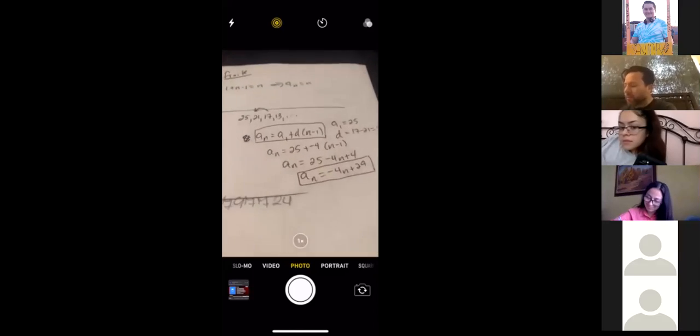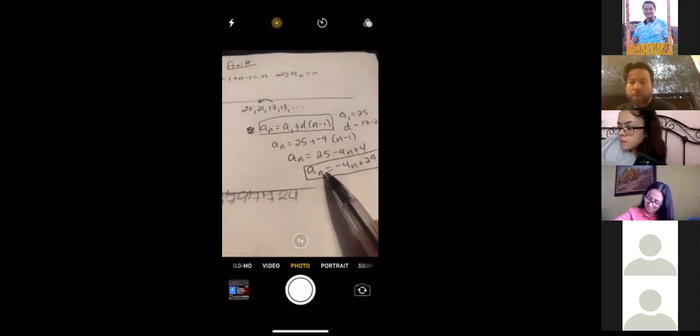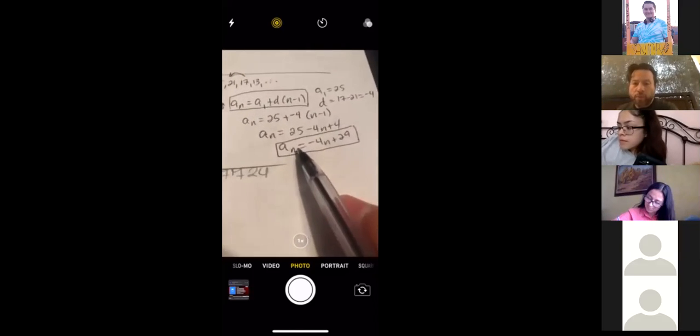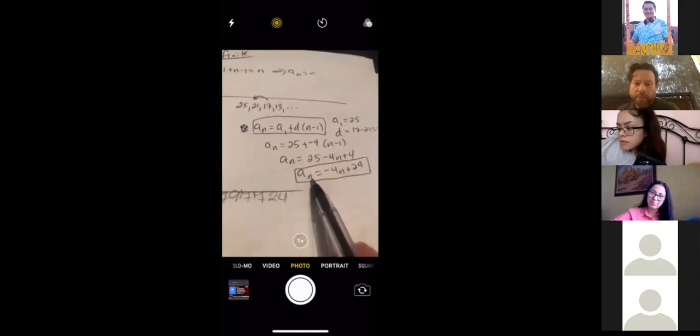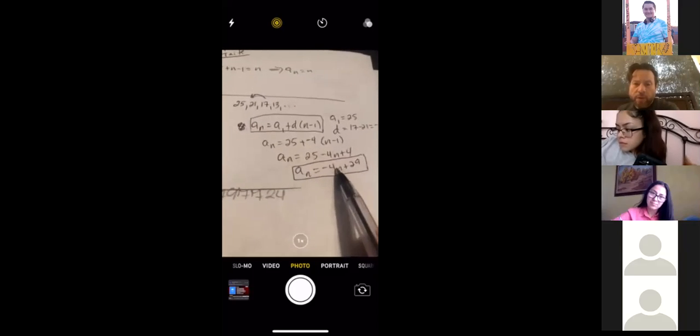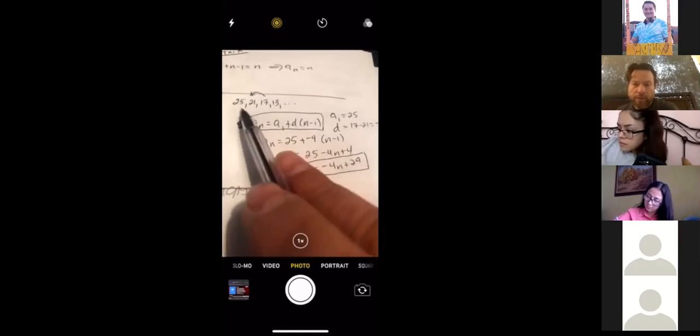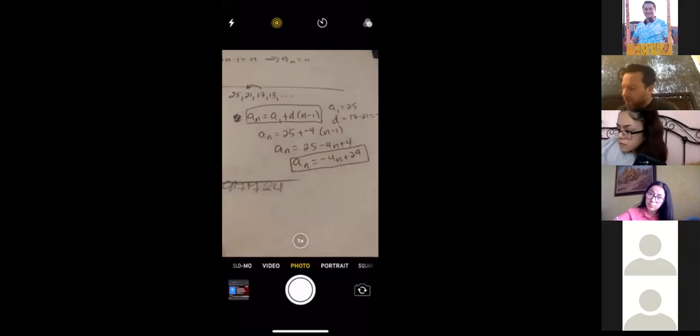So what is this? Well, this is the formula. We call this the rule for this sequence. So if n is 1, for example, I get -4 times 1, which is -4, plus 29 is 25. See the first one, right? By the way, can somebody tell me what 29 is?